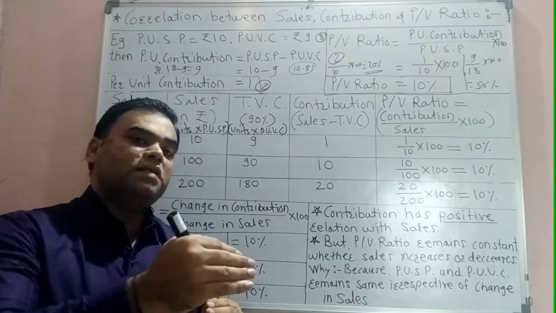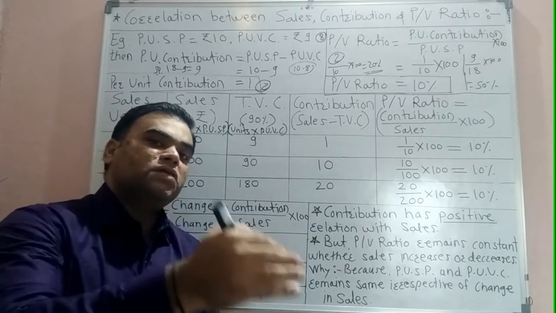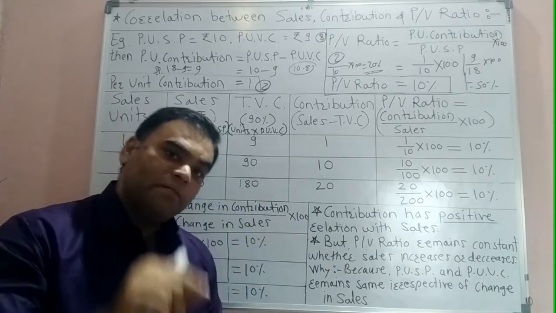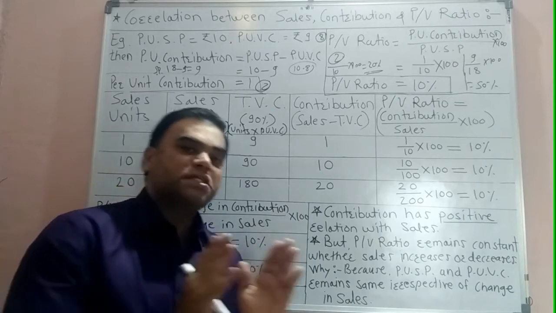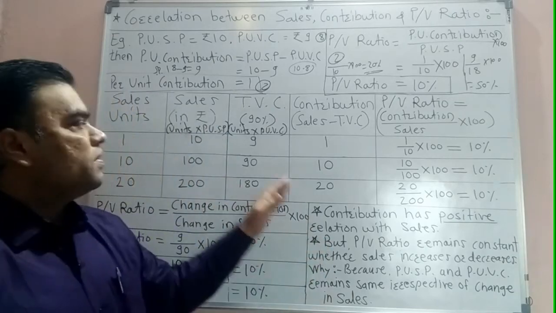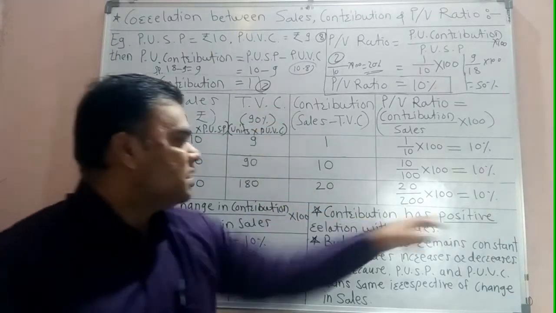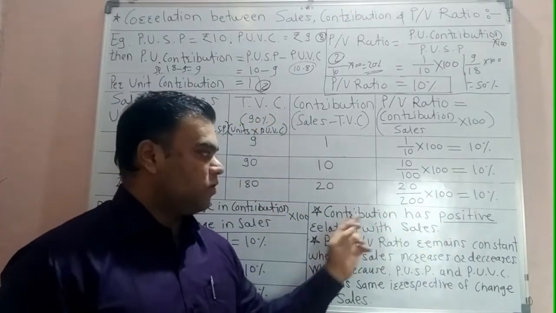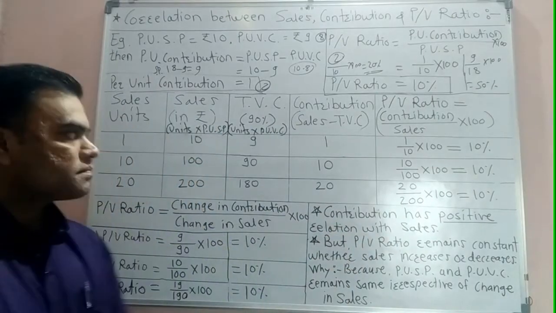If you decrease sales by 95%, your contribution will also decrease by the same 95%. That is called a positive relation. So you can see contribution has a positive relation with sales.